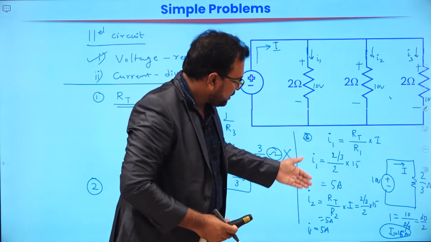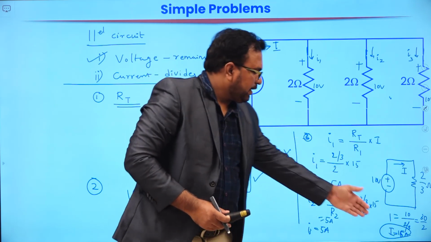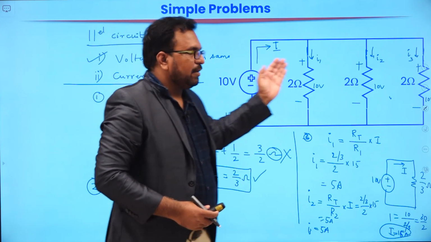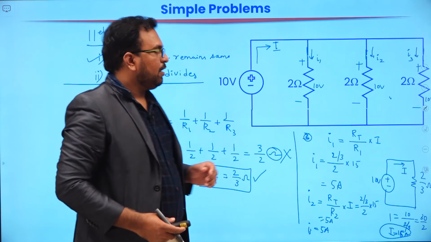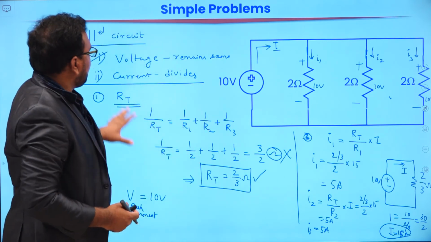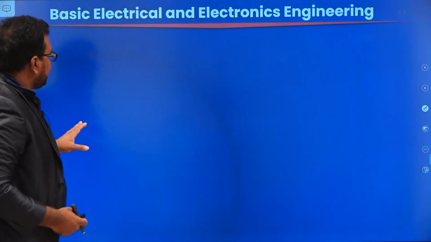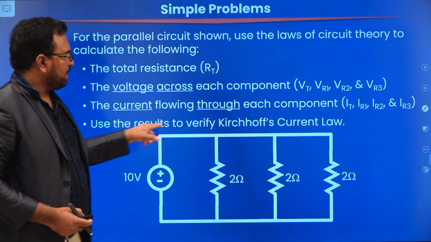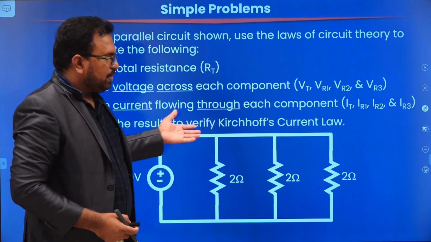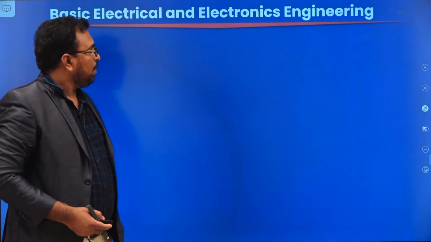If we add I1 plus I2 plus I3, you get 15 amperes. This is how you calculate the current through each component using the current division rule. Then the last one is to use the results to verify Kirchhoff's current law. I am going to ask you to do this verification on your own.